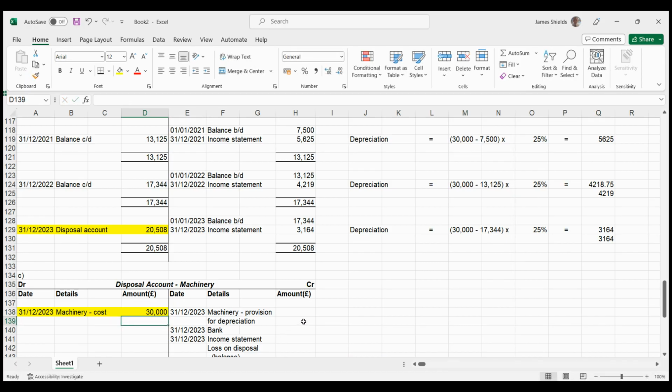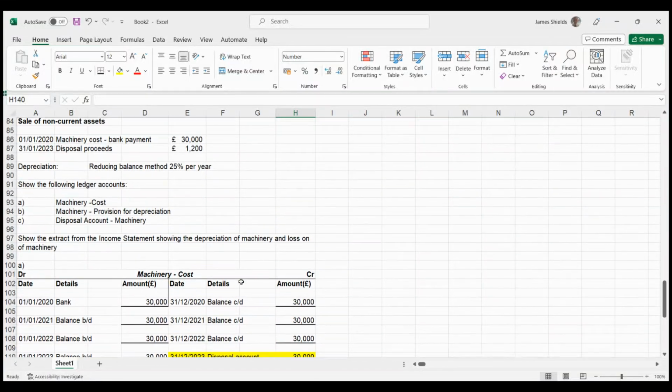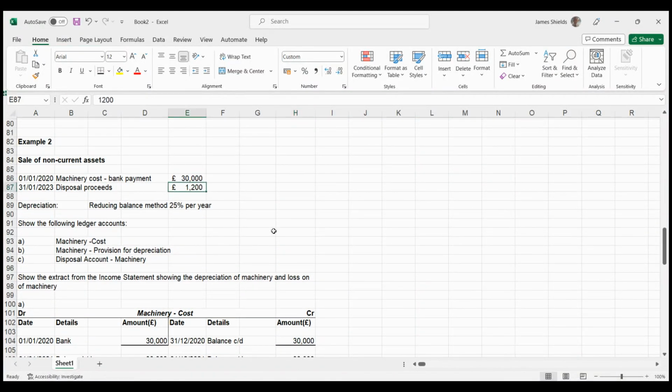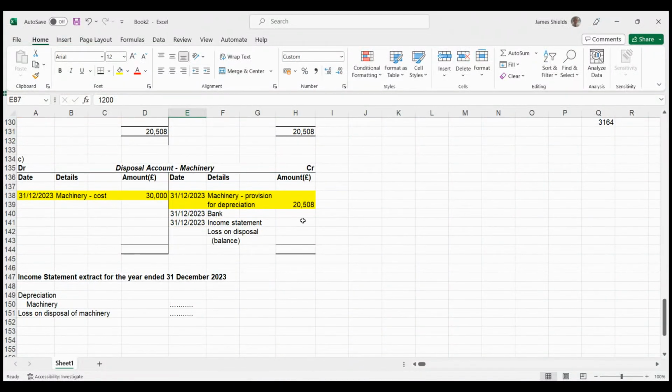Provision for depreciation, that's what I've just highlighted over here. The depreciation at the time of disposal was 20,508. The bank figure, the money we received when the machinery was sold, was £1,200. So again, my debit side total is greater than my credit side total.